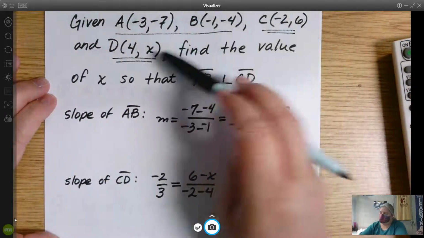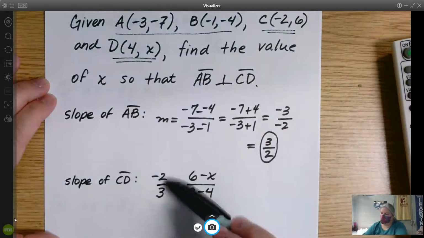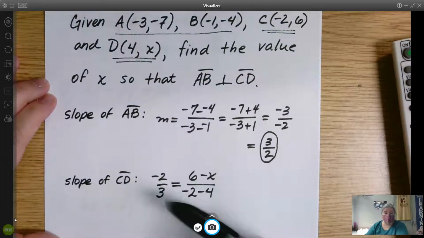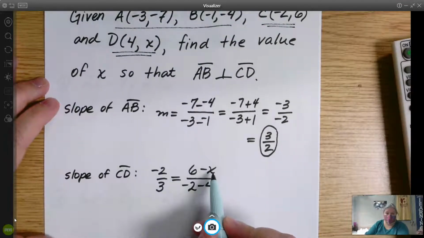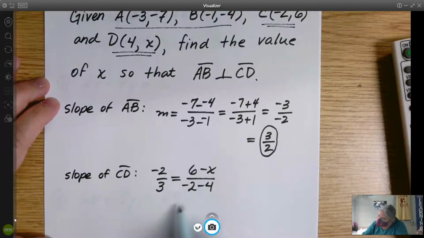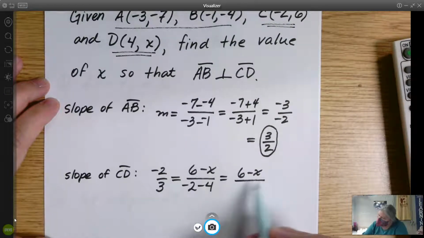When I do 6 minus x over -2 minus 4, I have to get this answer. That's going to help me find what this x value, this variable, has to be. So let's simplify that. I've got 6 minus x equals -2 minus 4, which is -6. And again, I'm going to write it over here. That has to be -2/3.